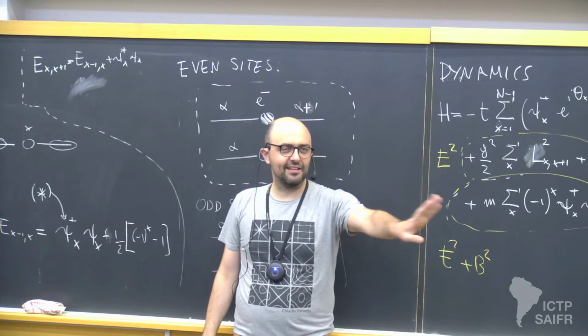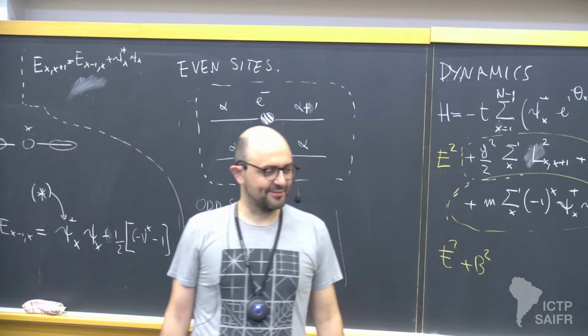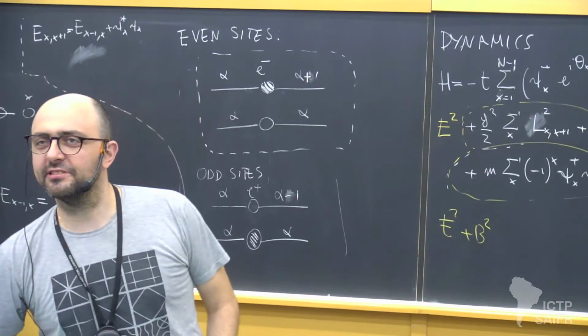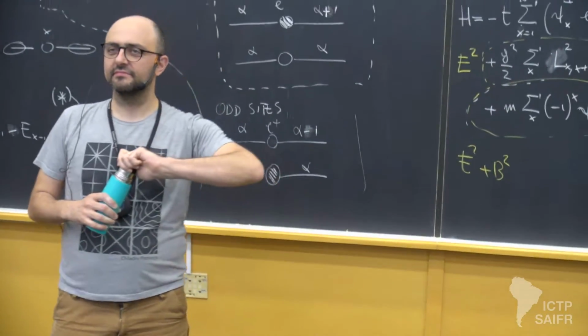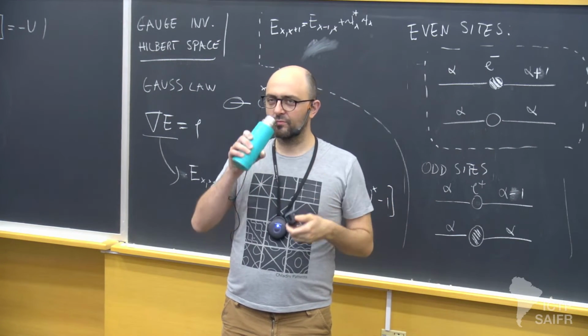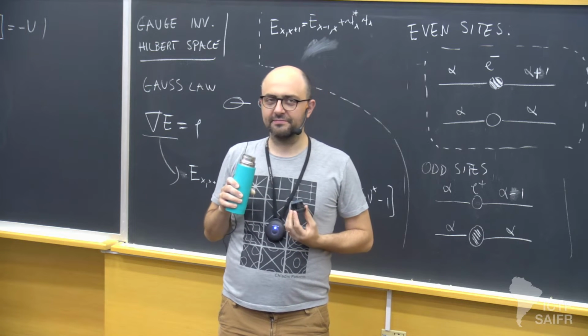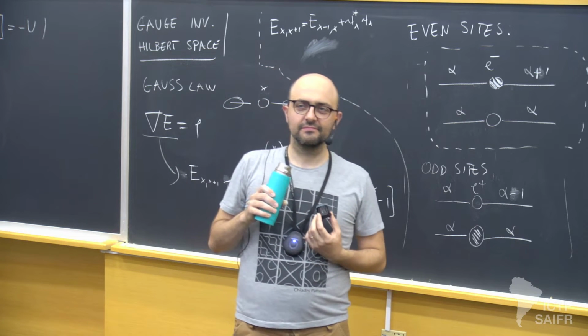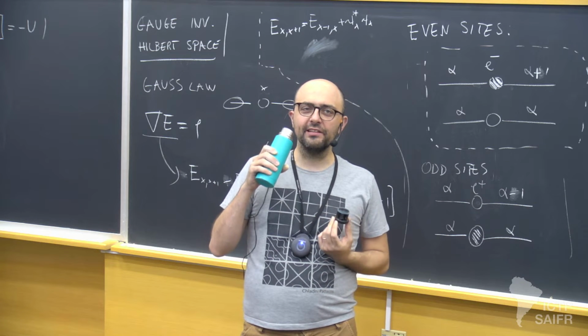What is the reason why we don't have a magnetic field term in this Hamiltonian? Think about it. Is there a magnetic field in one dimension?